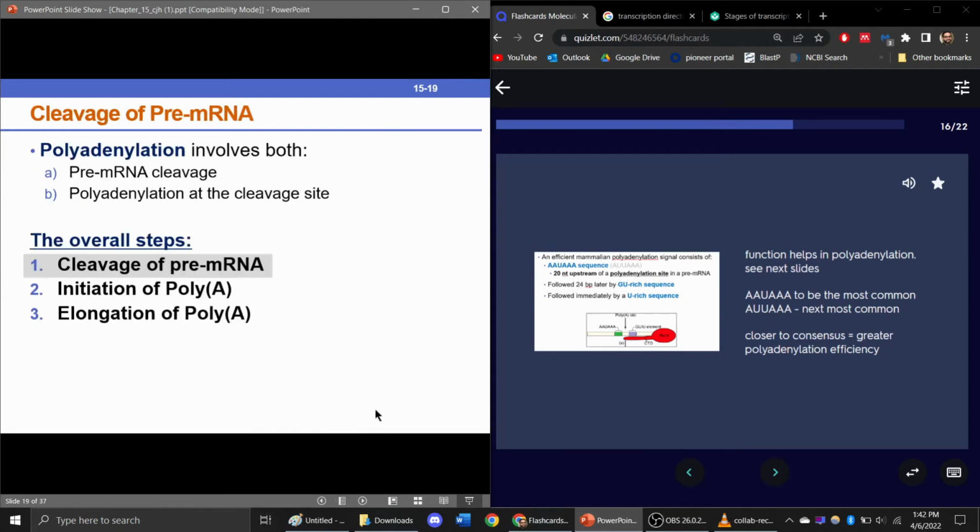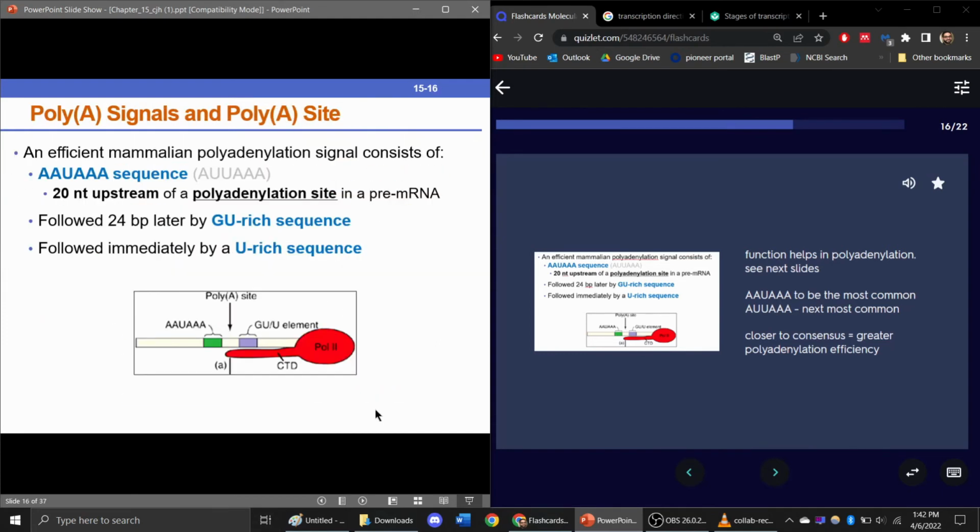And then there's this downstream GU-rich element, which we lump together with the GU/U element. There's usually a GU, and then the longer it goes on, it starts to change to U. Those are your basic parts of this poly A signal and site.